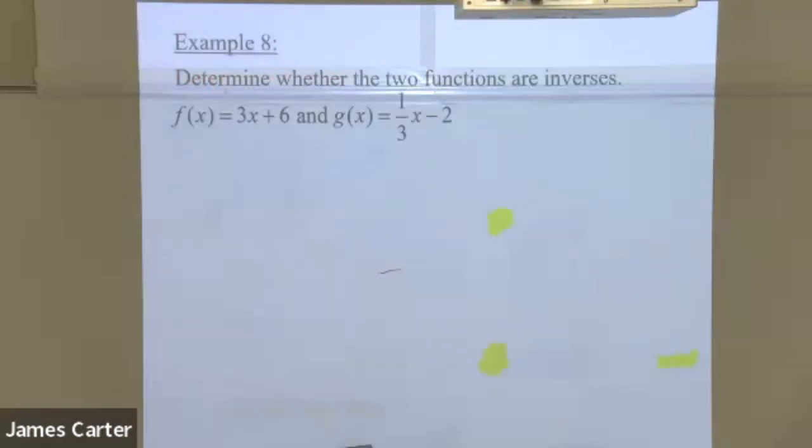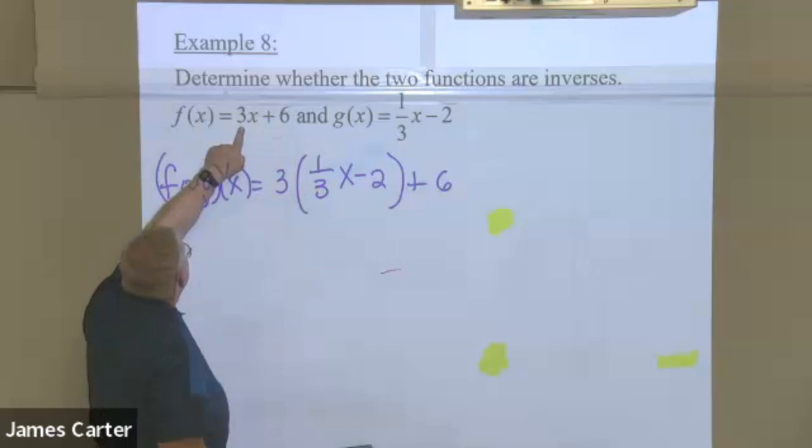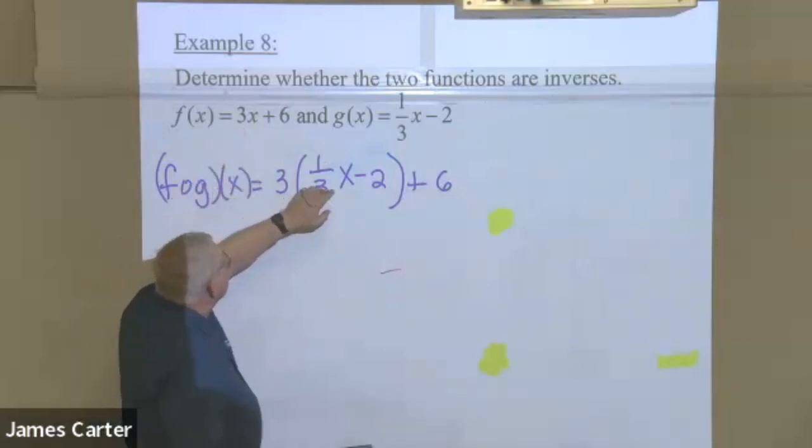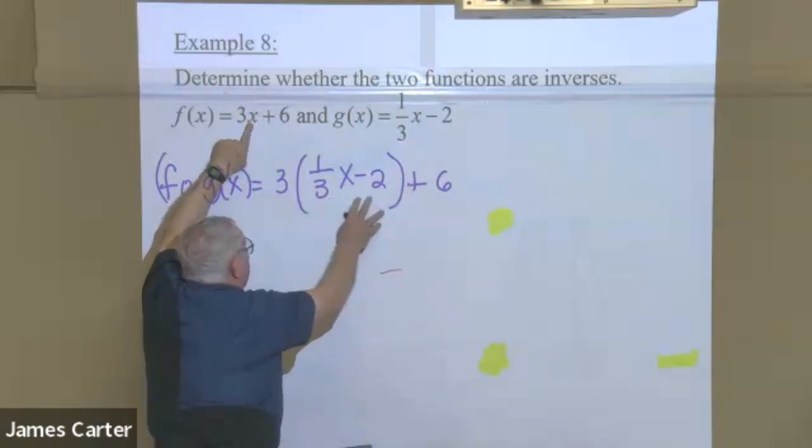Okay, so let's prove that, or disprove it as the case may be. We've got this equation, and we've got that equation. Allegedly, they are inverses. We need to test them to see. So, the first thing we're going to do is G into F. So we're going to substitute this value into that x.